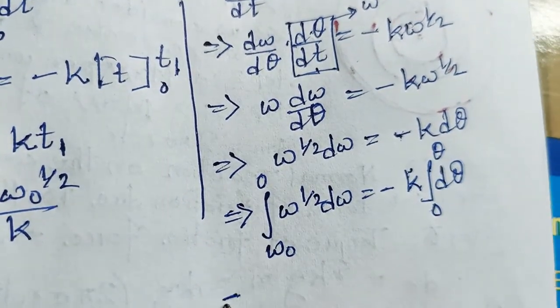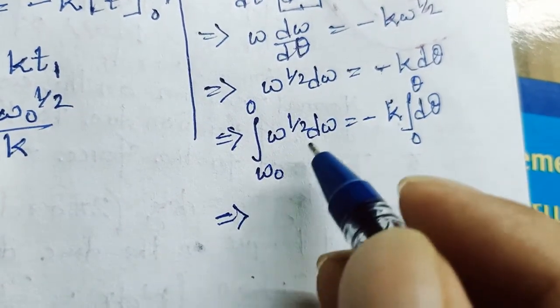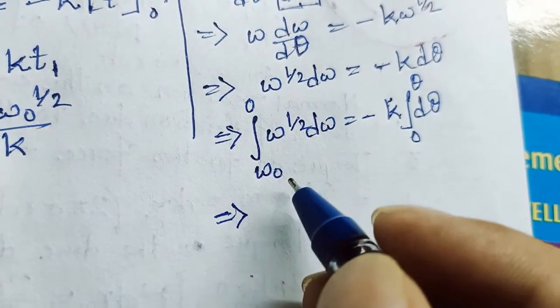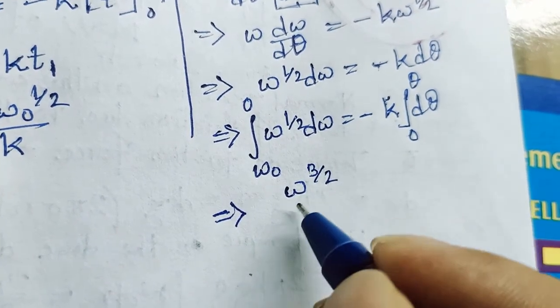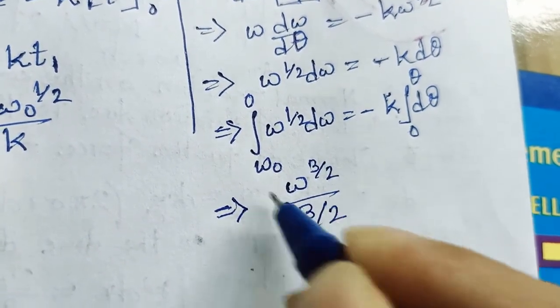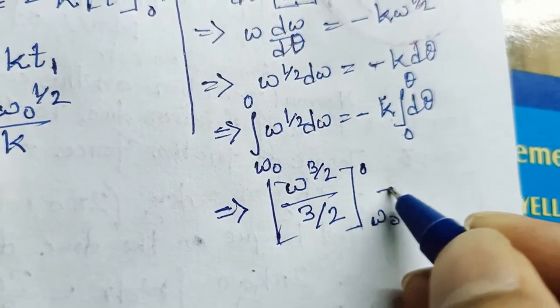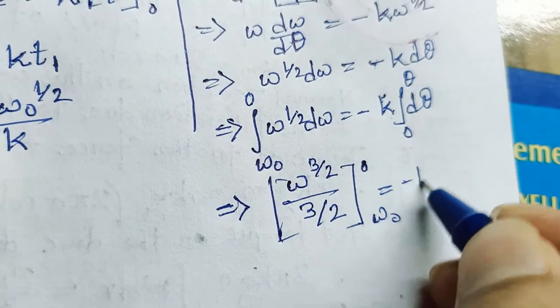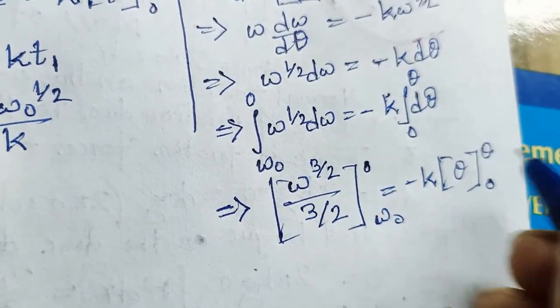So after calculation, if we complete this integration, then our value of integration will be omega to the power 3 by 2 divided by 3 by 2 from the limit 0 to omega naught is equal to minus k theta with limit 0 to theta.